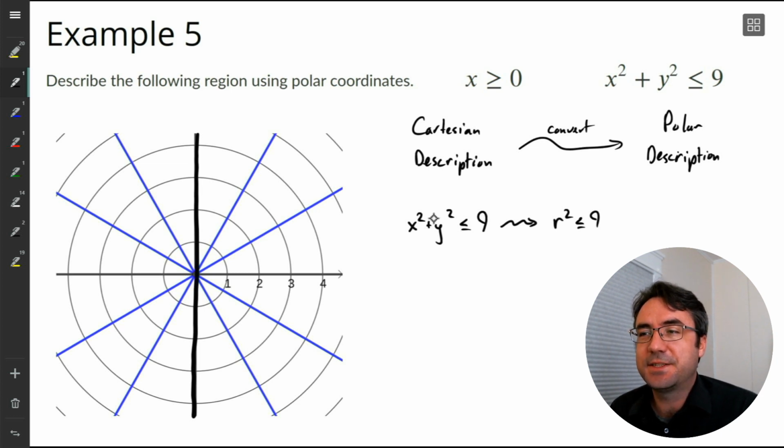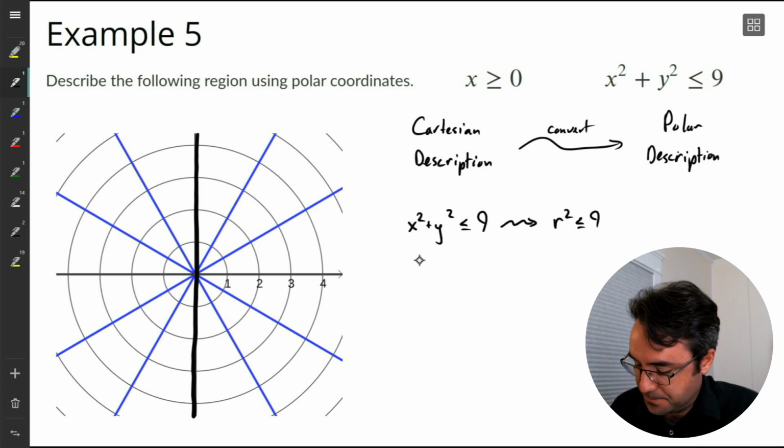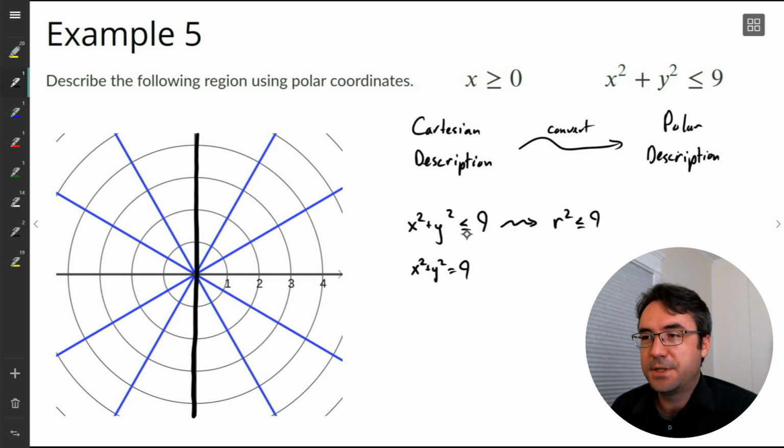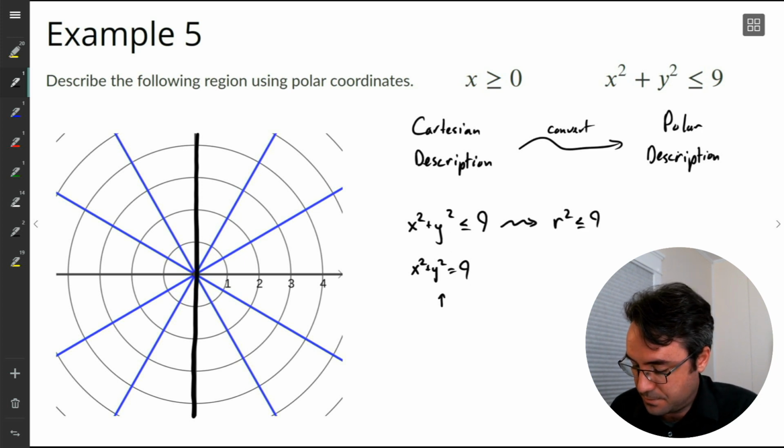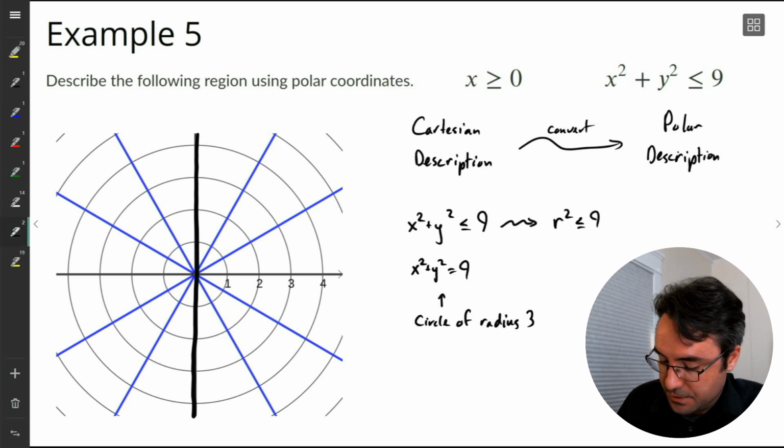Well, we'll put that off for a second. Let's think about what happens when x squared plus y squared is equal to 9. This is a circle of radius 3 centered at the origin. So let's draw a circle of radius 3.